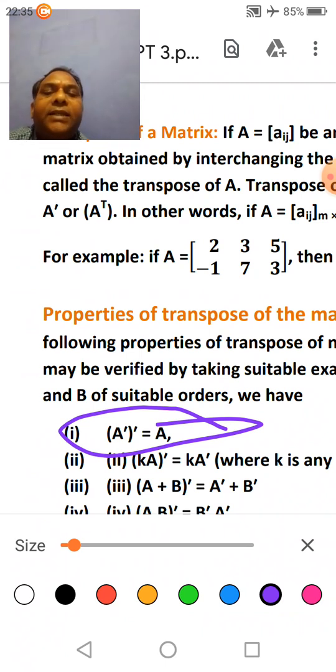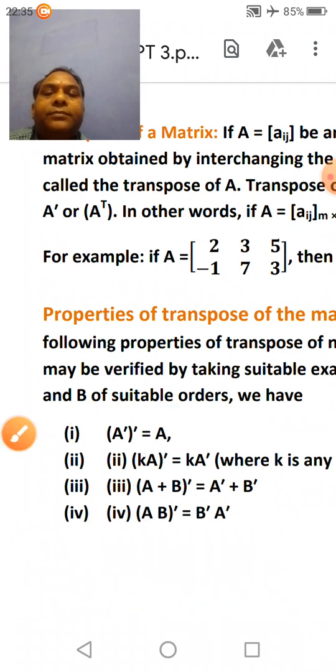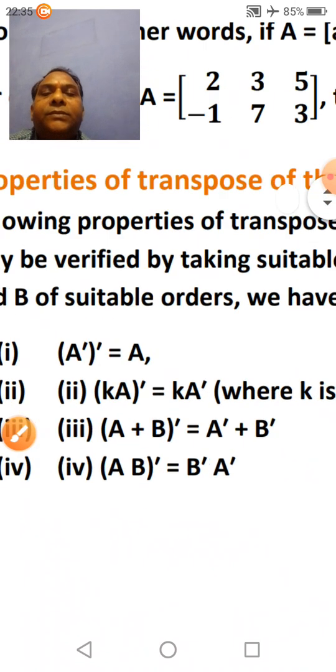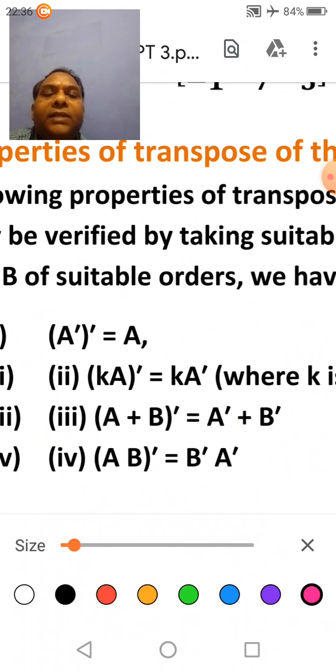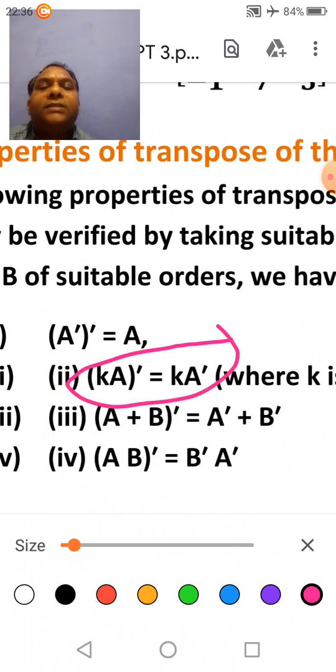Second property is (kA) dash is equal to k into A dash, where k is any scalar. Clear?